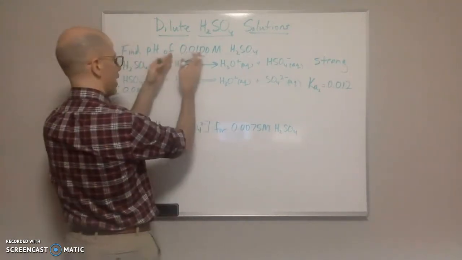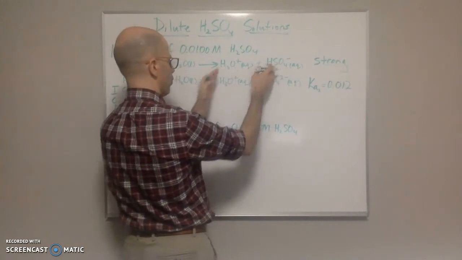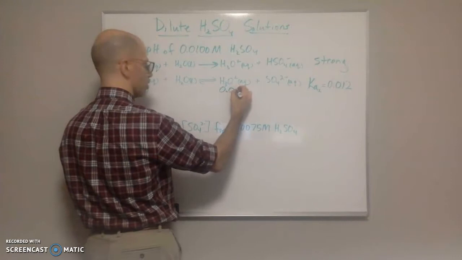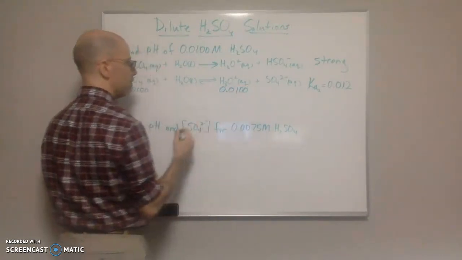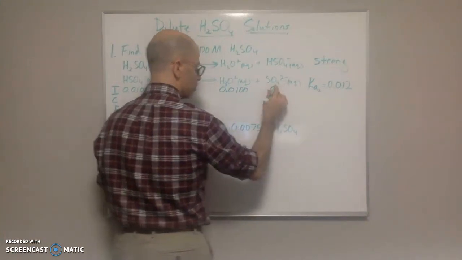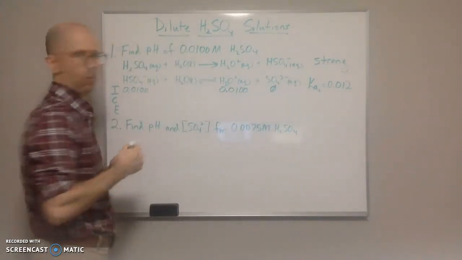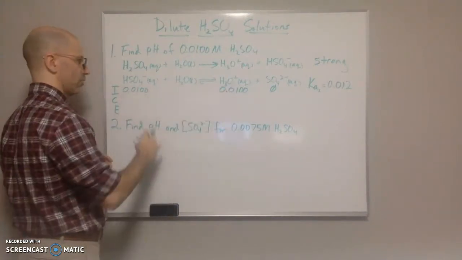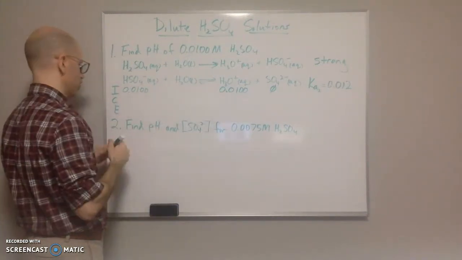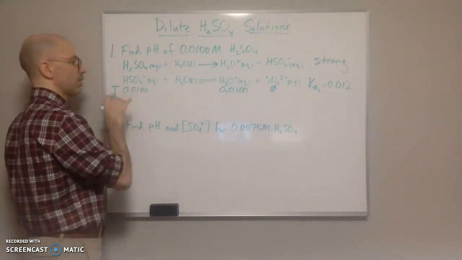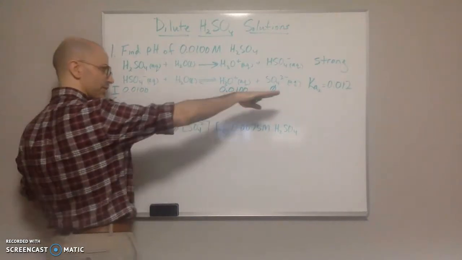Whatever you had here, you now have for these two, so we're just going to put 0.0100 here. And this is a 0 at this point, so to start, we don't have any SO42 minus ions. So these are our initial concentrations.